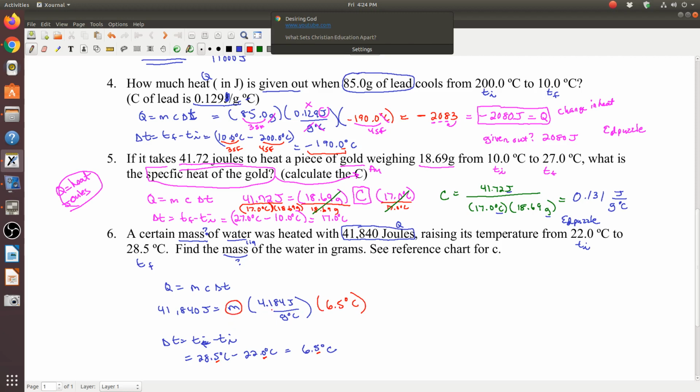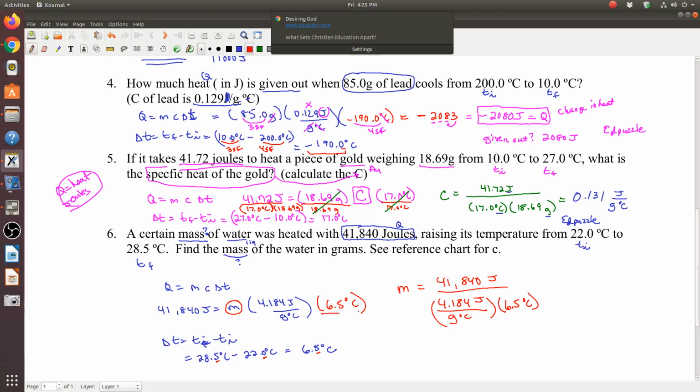So I'm going to divide both sides by the 6.5 and by the 4.184. Okay, so mass then is going to equal 41,840 joules divided by 4.184 joules per gram degrees Celsius, and also divided by 6.5 degrees Celsius.